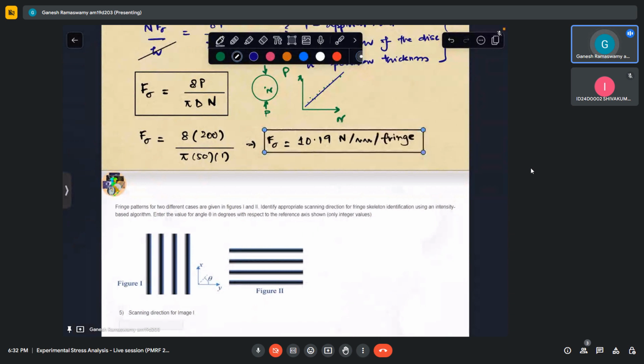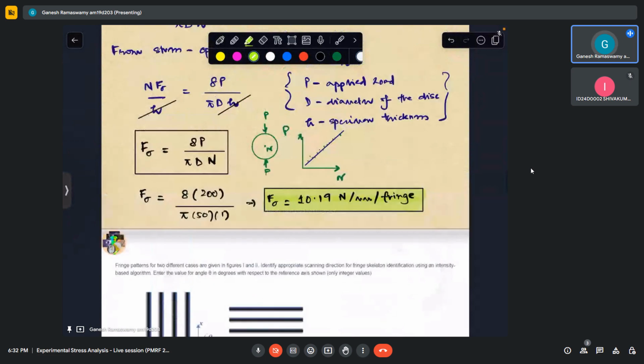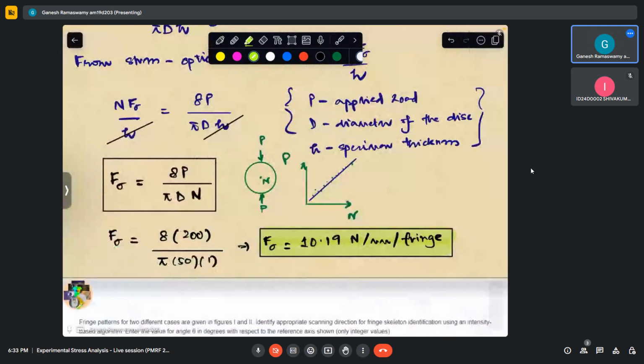Now generally it is good practice that when we start doing the experiment, we cut out a small disc from the sheet out of which we are going to cut the specimens, and carry out the f sigma calibration, so that we know for that material and that batch what the f sigma is. Another advantage to this is, let us say that we have cut it and done the experiment.